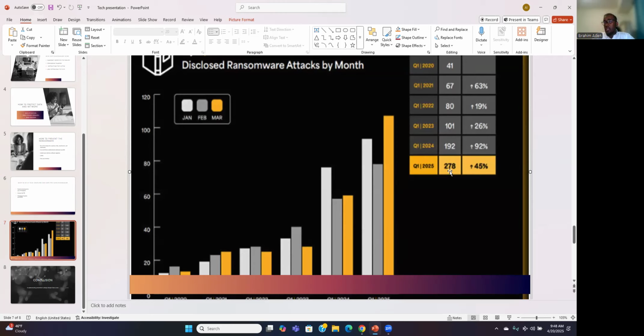This year is the worst year for ransomware attacks, with victims' computers infected. You can see that there are already 278 incidents reported only this year. So you can guess, maybe next year, who knows? There will be 1,000 more. So that is that.